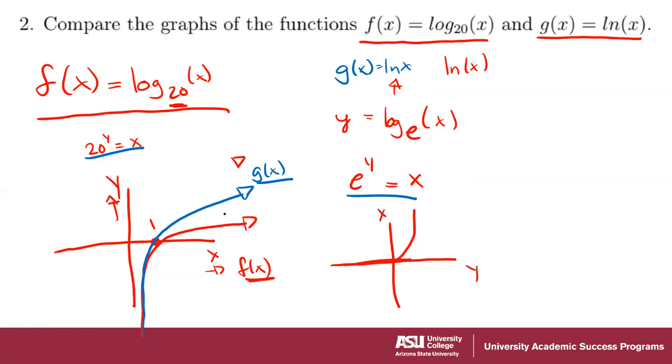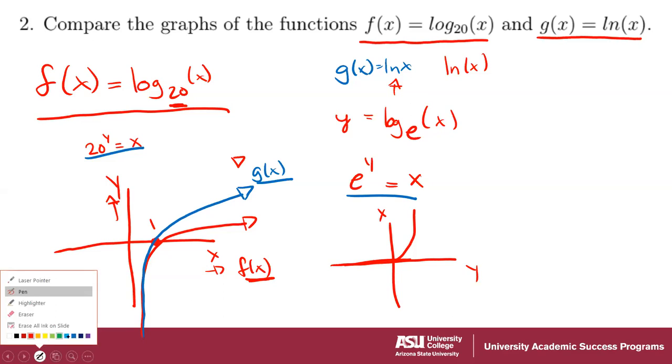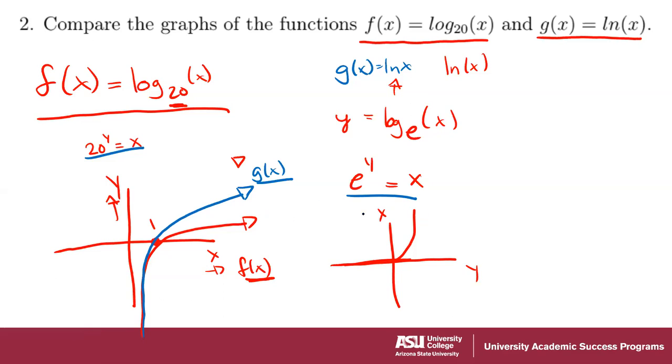And then for g of x, again, as y increases, x increases. But now the y increases and the x doesn't increase quite as fast, because now our base of the exponent is smaller.